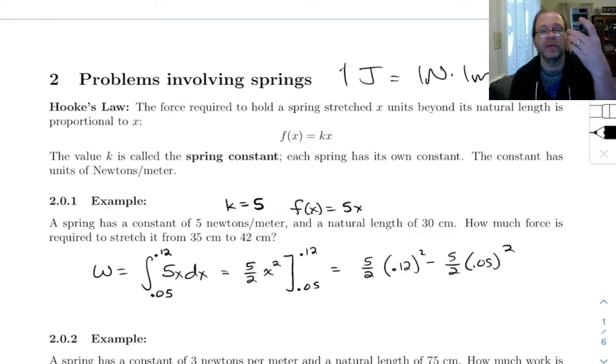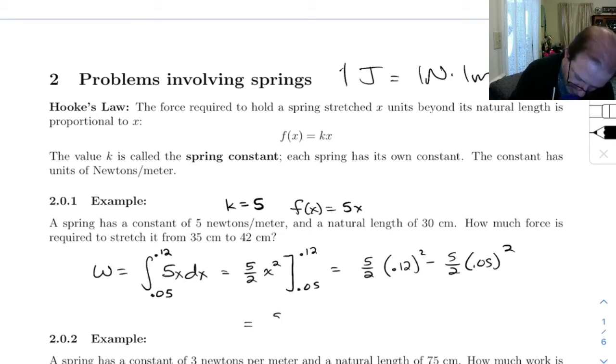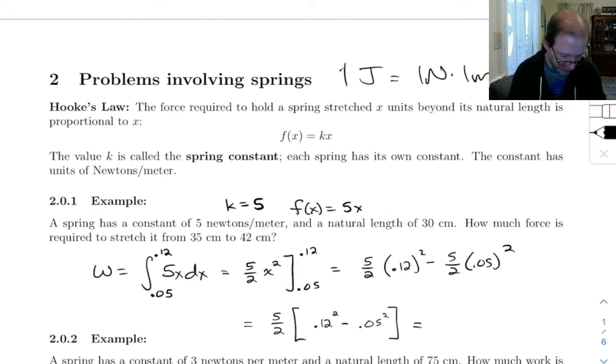And I'm going to stick that into my trusty calculator. When I put it in my calculator, I'm going to factor that 5/2 out so that I get this. And this is going to be a fairly small number.